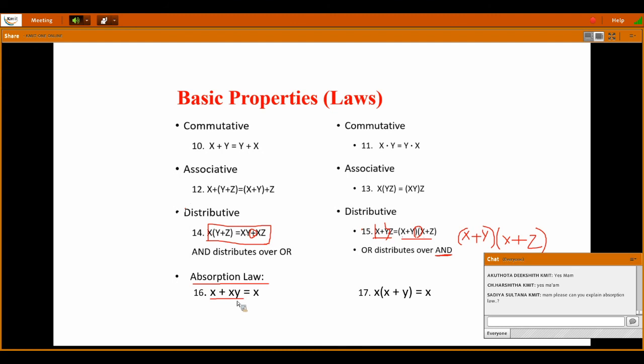So instead of solving this, you can directly write the final output as x. So how? That's why it is taken as a law. I'll show you how you will get x. So what is the expression? The expression is x plus xy is equal to x.